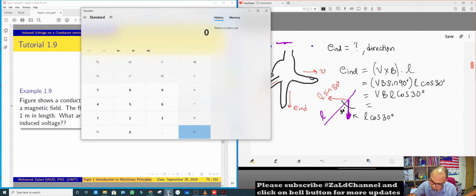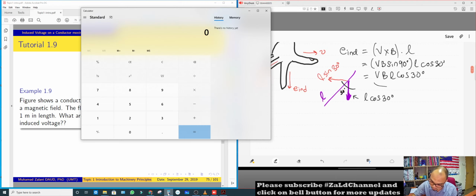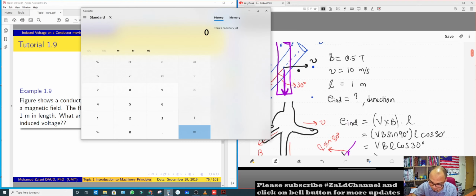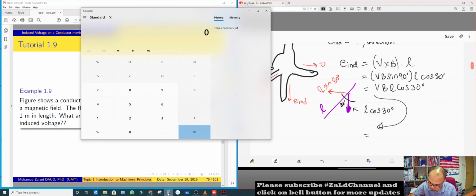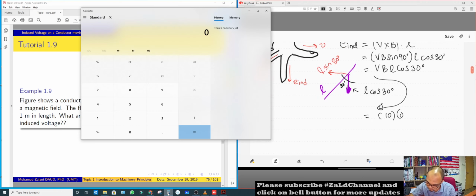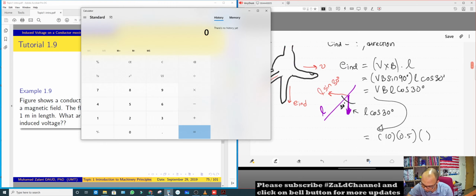So we have V 10, B 0.5, L is 1, cosine 30 degree.